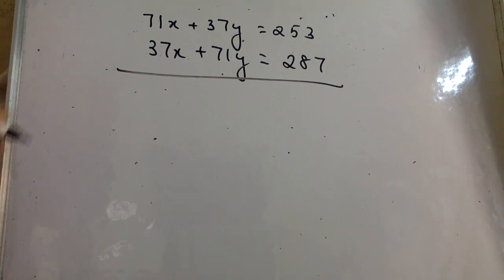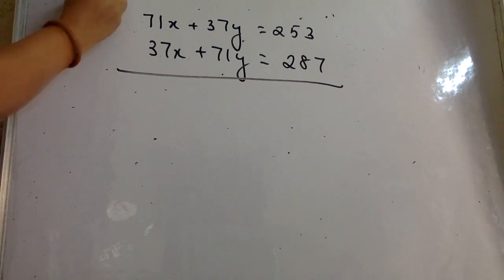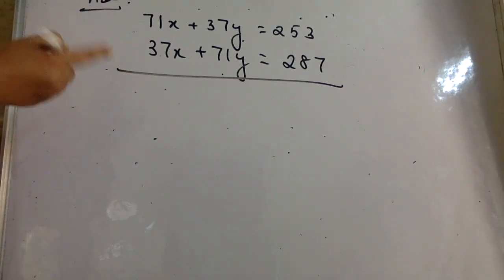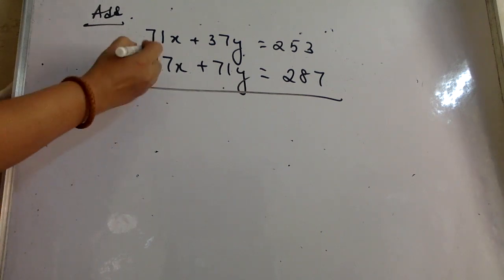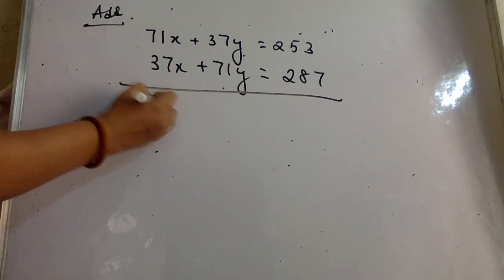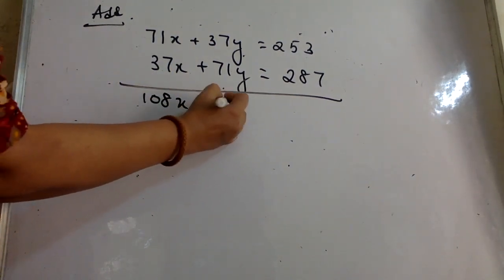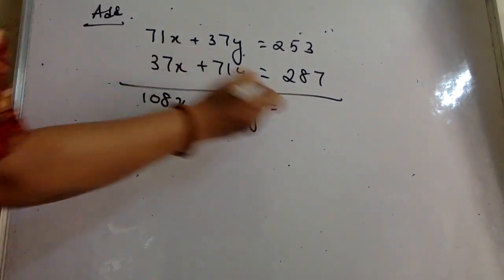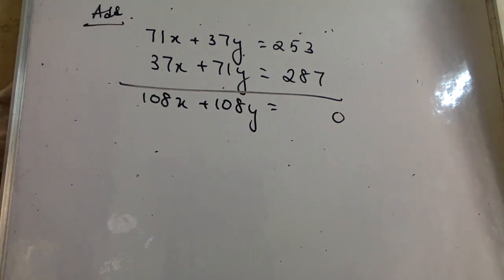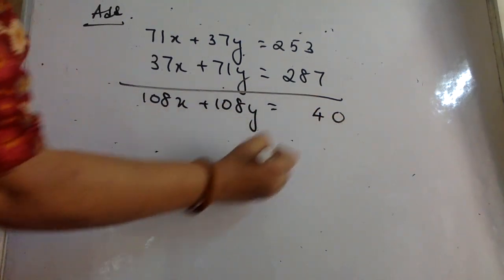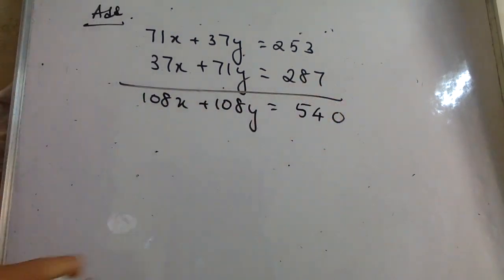Now what is this method? First thing, I add the equations. Straight away I shall be adding the two given equations. When I add them, I get 108x plus 108y is equal to 540.